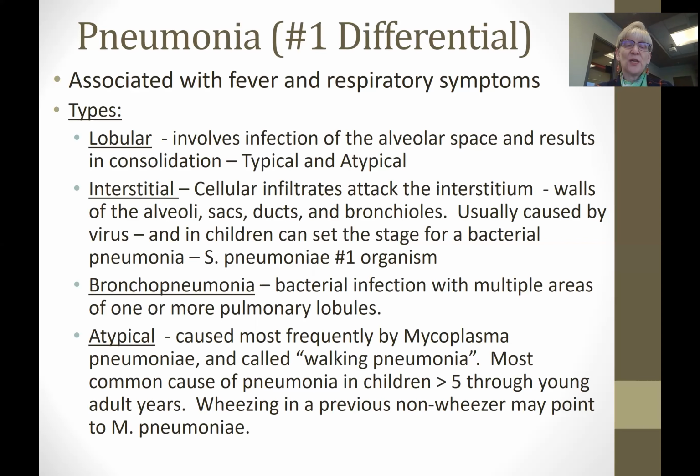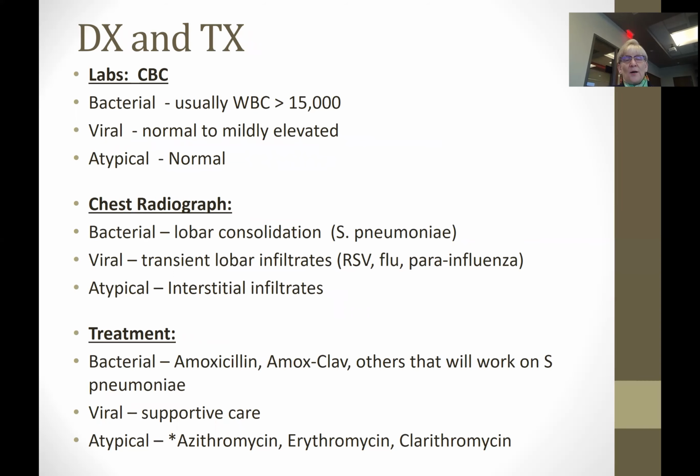Sometimes you'll even see wheezing in these, and a previous non-wheezer with this. So if you're doing labs, if you do a CBC, if it's bacterial, it's usually going to be elevated. Viral is going to be either normal, maybe mildly elevated, and your atypical pneumonias are usually normal. On your chest radiographs, you're going to see a consolidation.